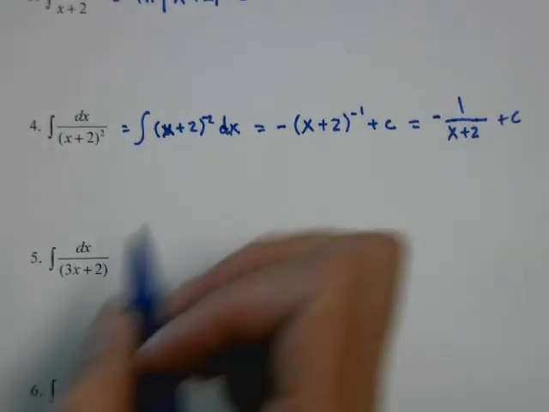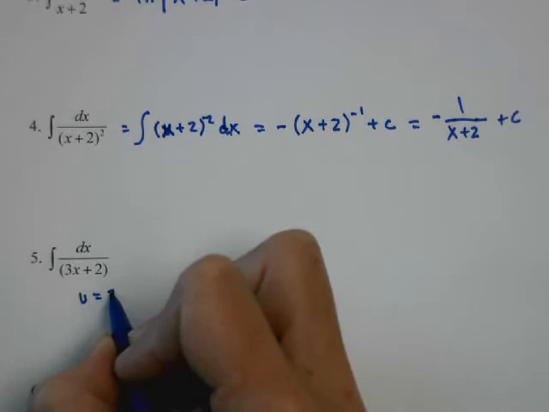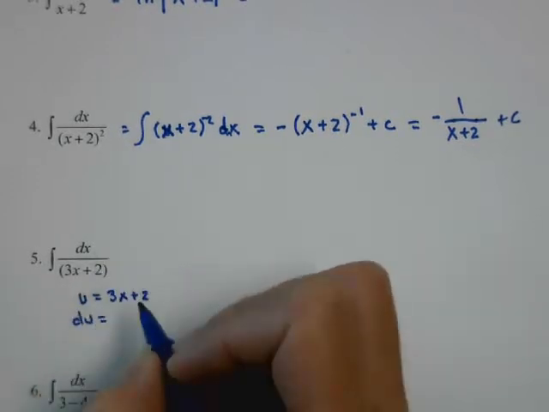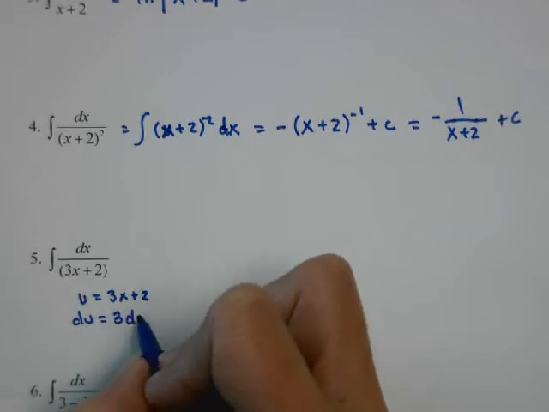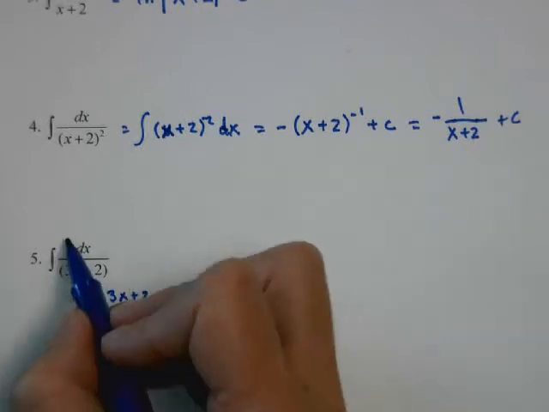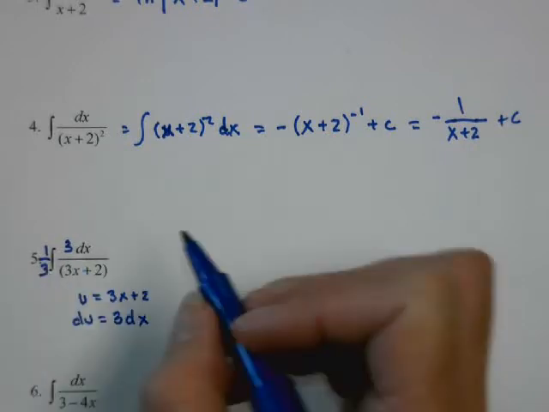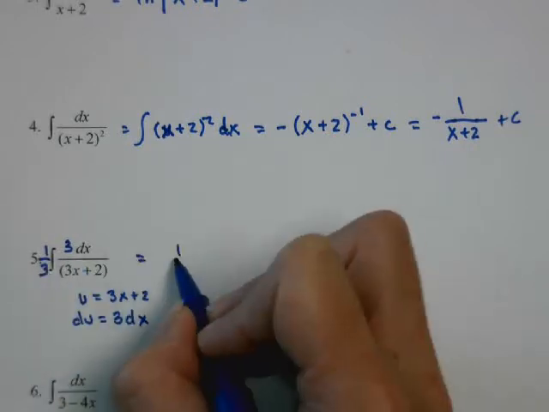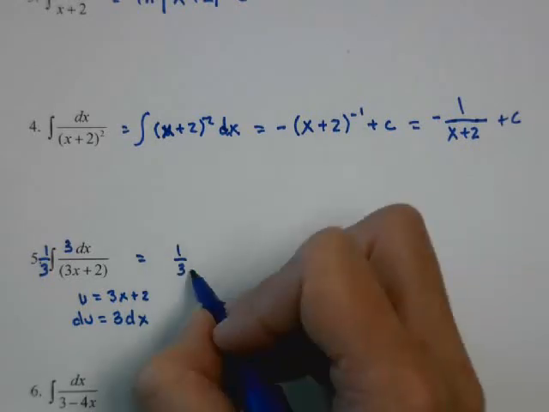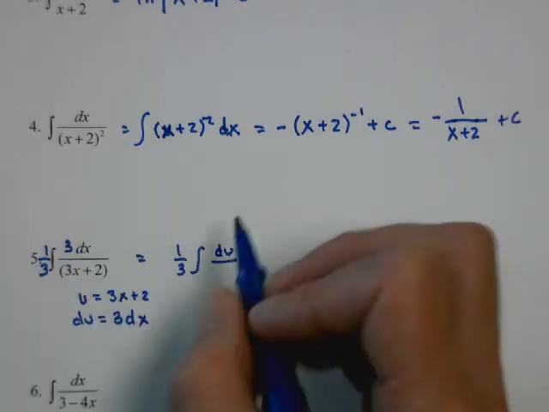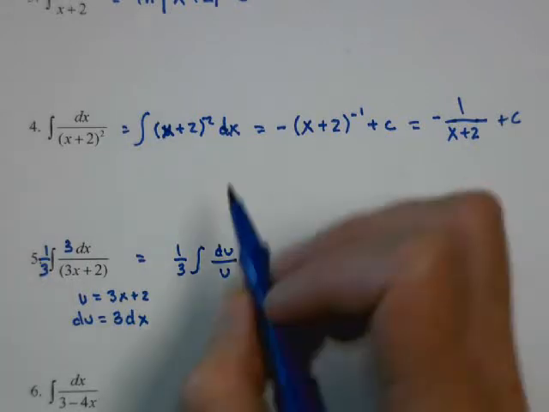Here, let's let u equal 3x plus 2. And again, if this isn't helpful for you, then you can just do it in your head. So I want a 3 dx, which means I'm going to change that to a 1/3. So doing my u substitution, this is going to be 1/3, 3 dx is du over u.